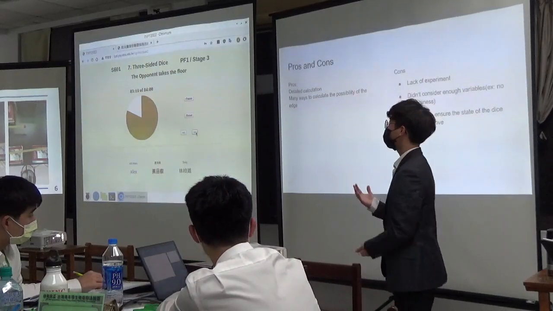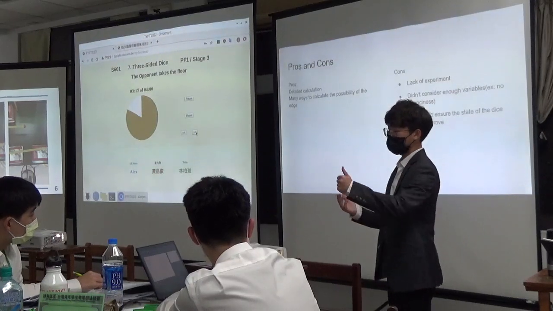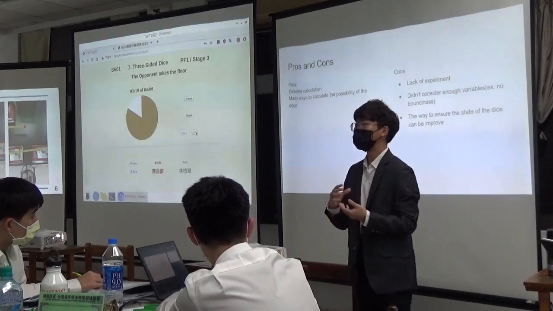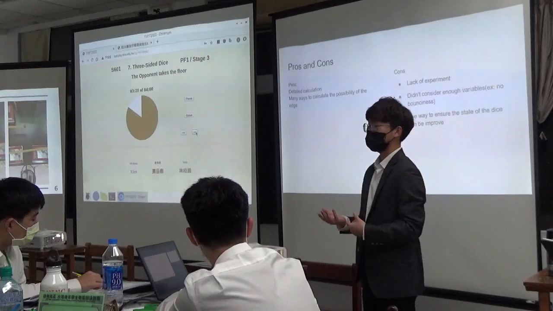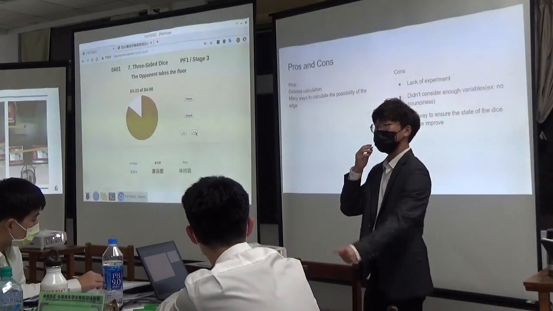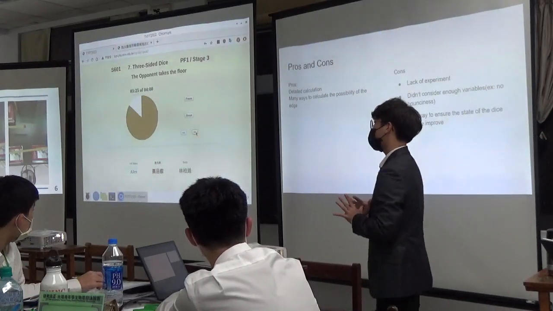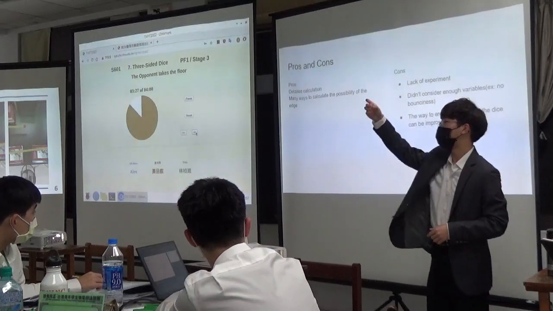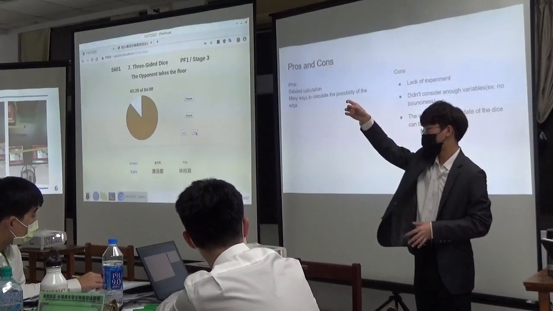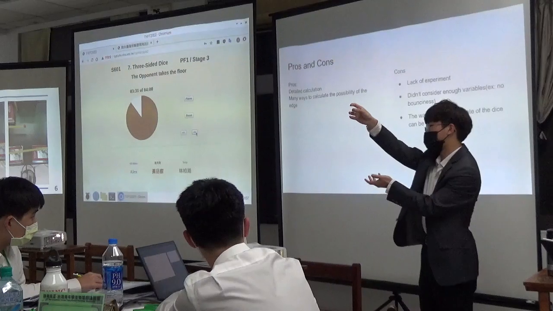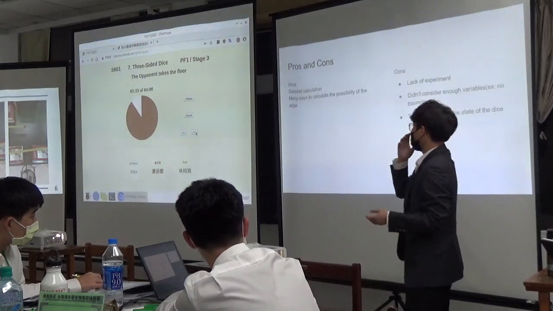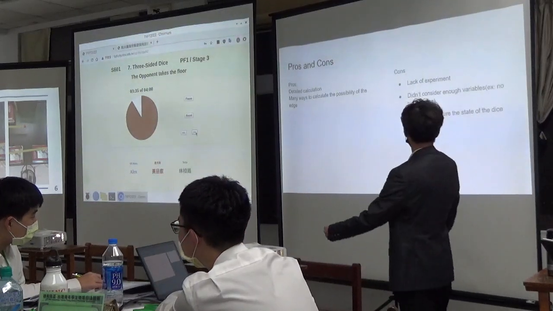After we calculated the model of the dice, we simply enter those into a program, and inside the program we can ensure those dice are falling straight from the air onto the ground, so that can ensure the state of our dice.